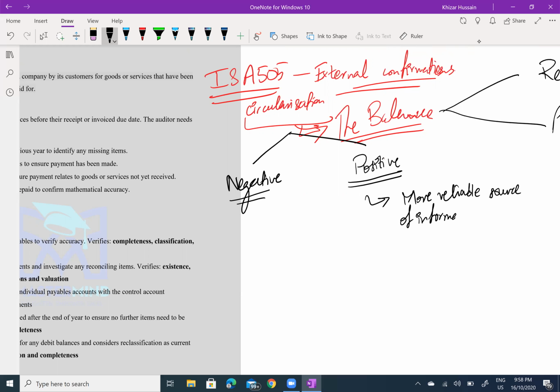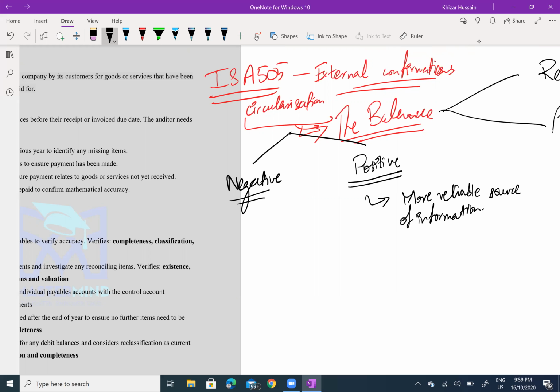Because we expect the receivable or the supplier, that is a payable, to mention the balance that they have in their books related to our company. Whatever balance is a receivable for us, we're a payable for them. Similarly, for a payable, they'll have a receivable balance against us. So we ask them to confirm the balance, and if there's any discrepancy, that is investigated by the management.